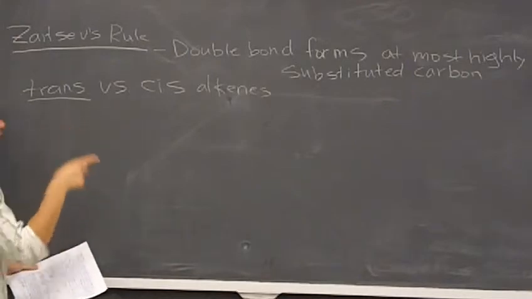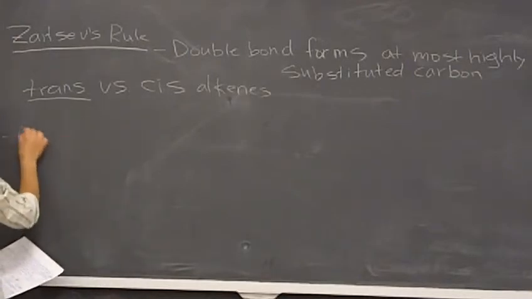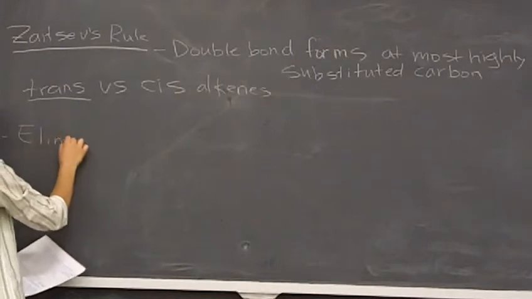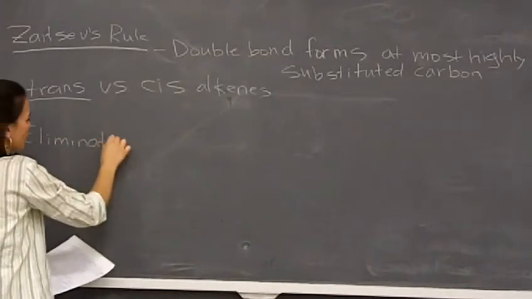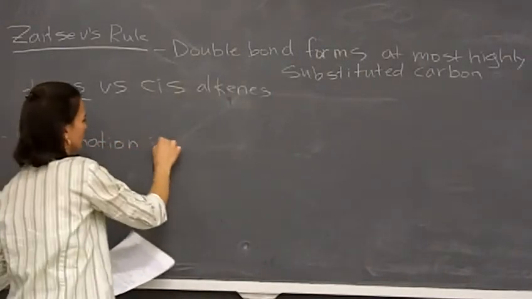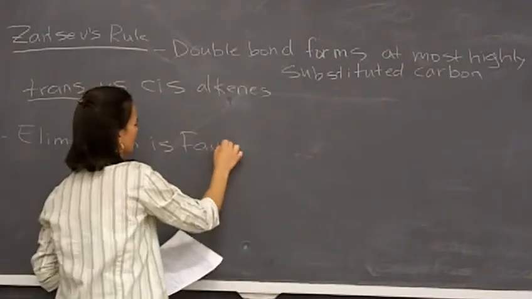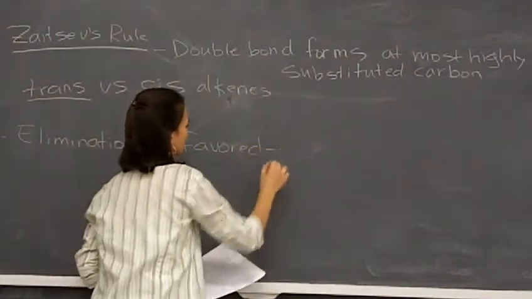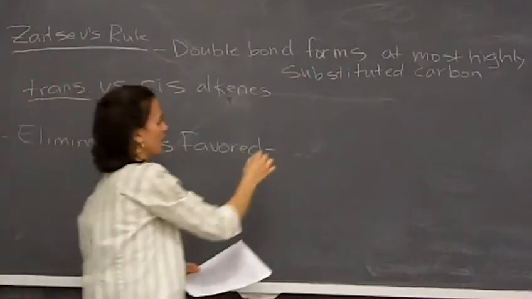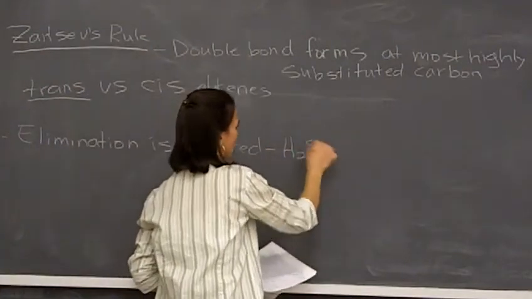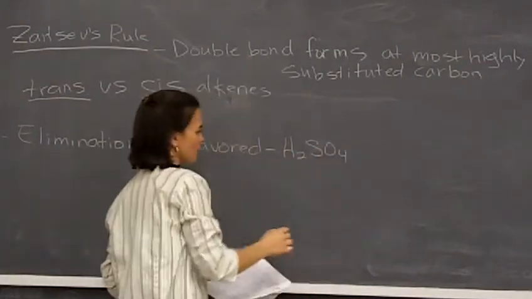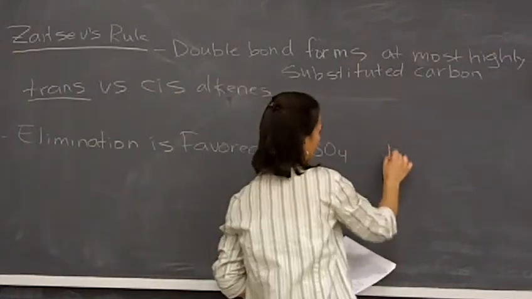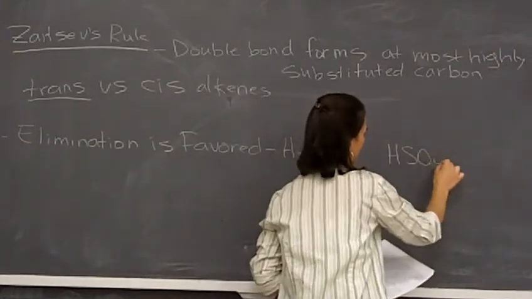Now, with this elimination, we're using sulfuric acid. And so what we're doing is we're setting this up to favor elimination. Okay? And the reason for that is with the sulfuric acid. Okay? So H2SO4, its conjugate base is HSO4 minus.